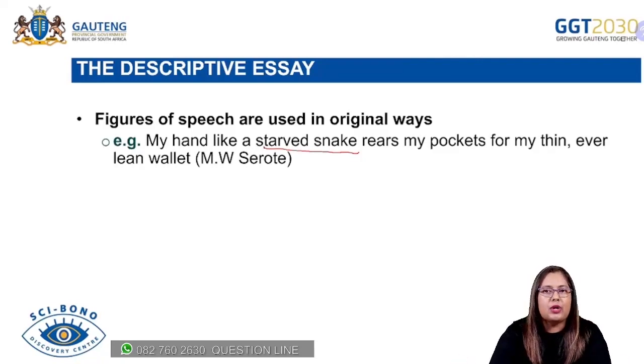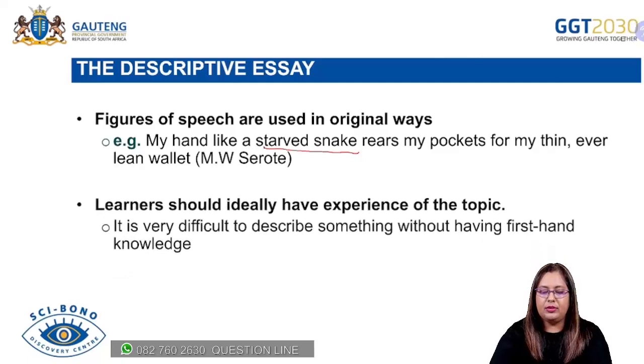So he's described that, just looking for his wallet in his pocket, but he's described it as a snake that is starving, that is now trying to wriggle in the pockets, okay, and his hands are wriggling in the pockets to look for that wallet.